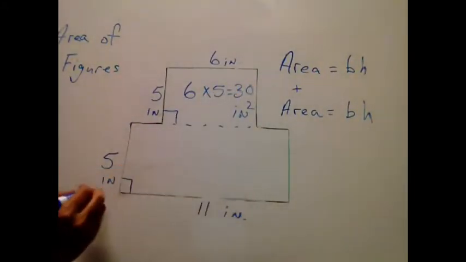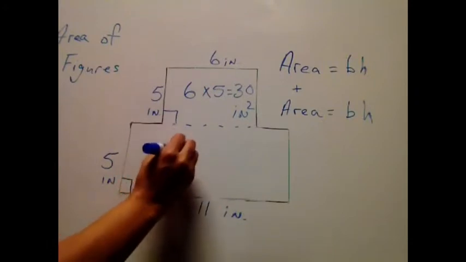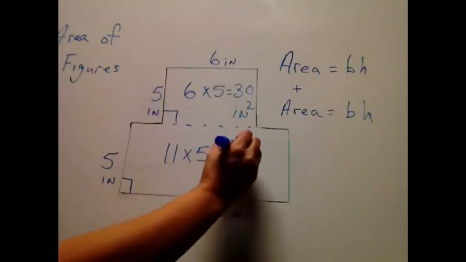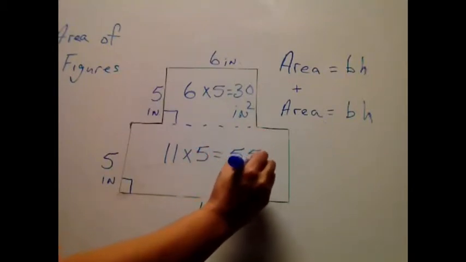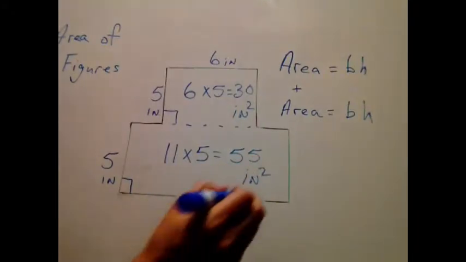Down here we see that this one is 5 by 11. So the base is 11 times the height is 5, which equals 55 inches squared. All right, so let's add these together.